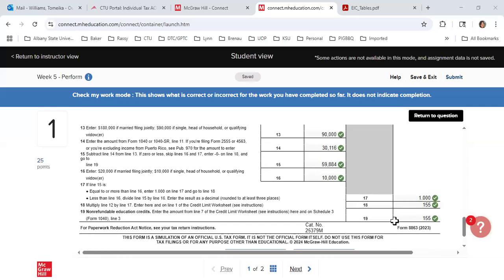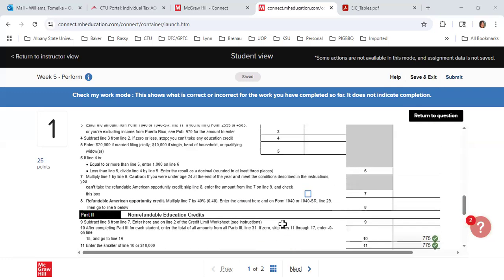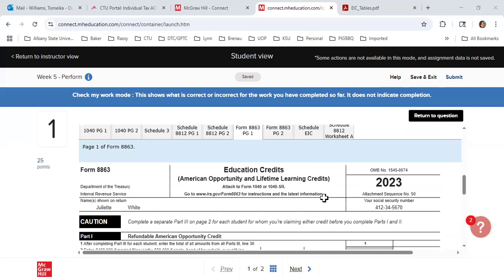Line 17. No, that shouldn't be 1.3. That's actually correct. That's supposed to be 1.000. So that's not the issue with this particular problem. If you have anything other than 1.000, then you shouldn't, if you do.